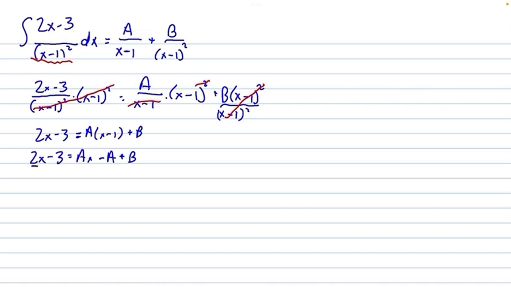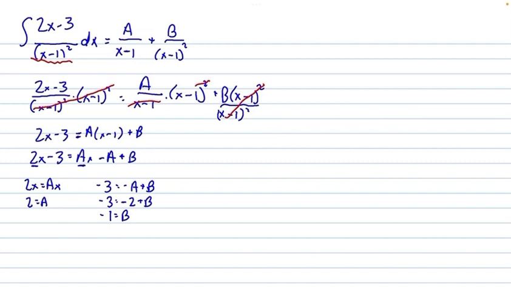So we have 2x equal to Ax, therefore 2 is equal to A. For our constant terms, we have negative 3 equals negative A plus B, and we simply use substitution. A is 2, and when we add the 2 to both sides, we get negative 1 is equal to B.